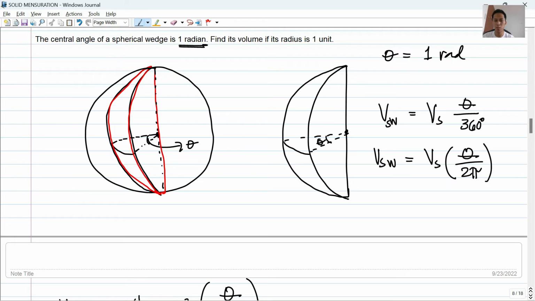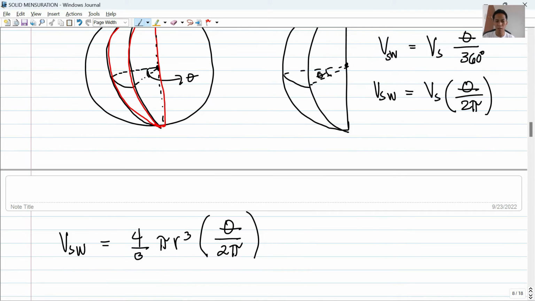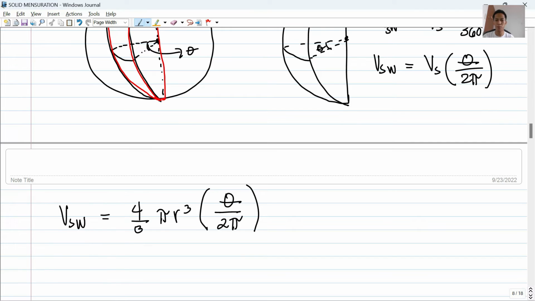It's very important for us to actually visualize the problem so that we can actually solve it easily using yung mga general formulas natin. Just like for sphere, di ba? So, kahit hindi mo alam yung formula for spherical wedge, as long as alam yung formula for sphere, okay, ma-analyze mo siya sa problem. So, in this case, ginawa lang natin is kinuha natin yung proportion.